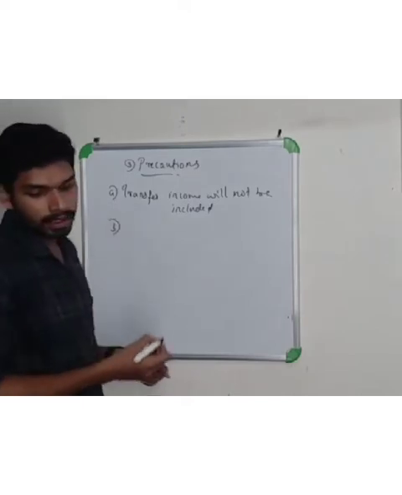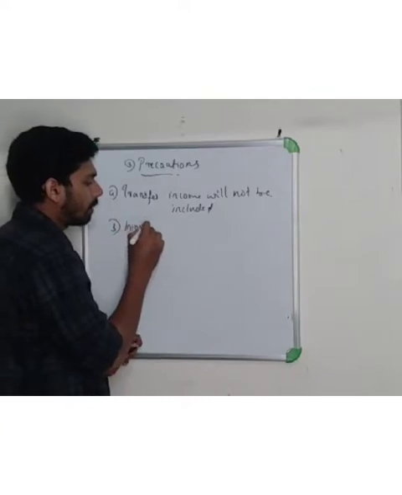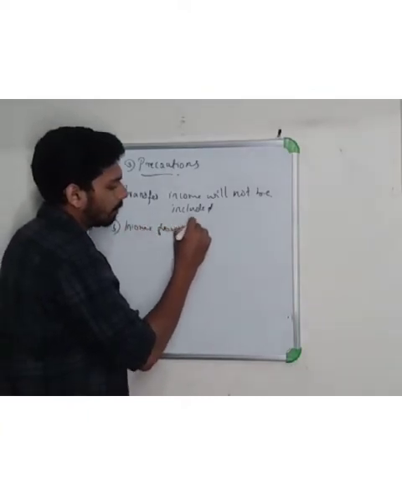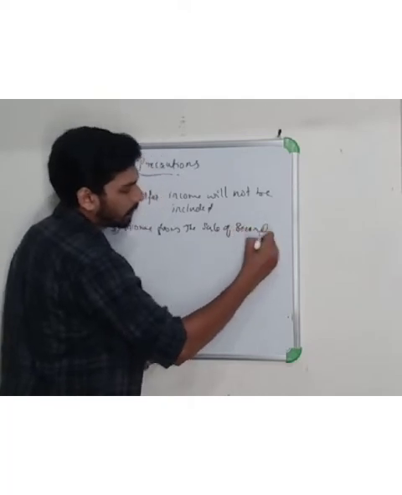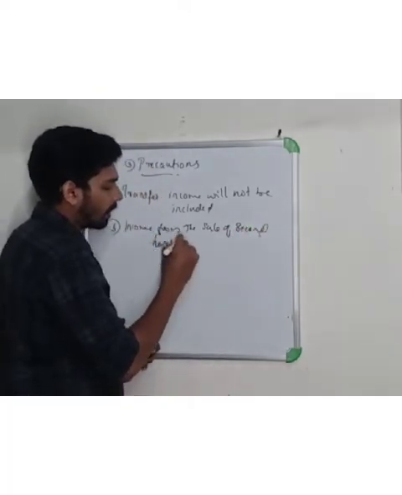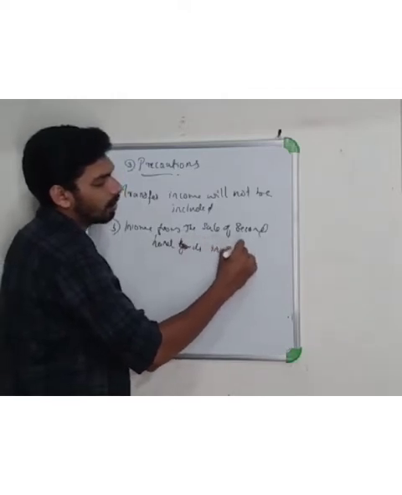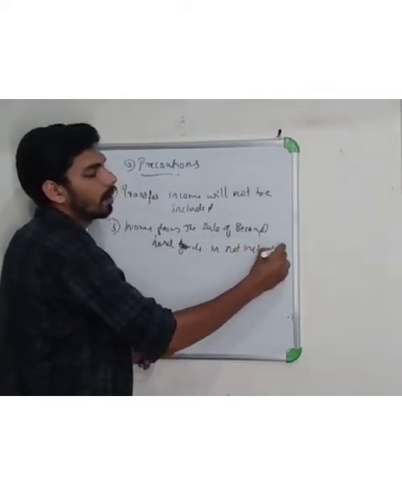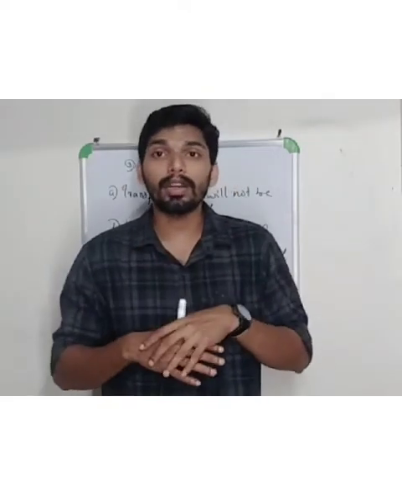The second one is income from the sale of second-hand goods. Income from the sale of second-hand goods is not included. Why?